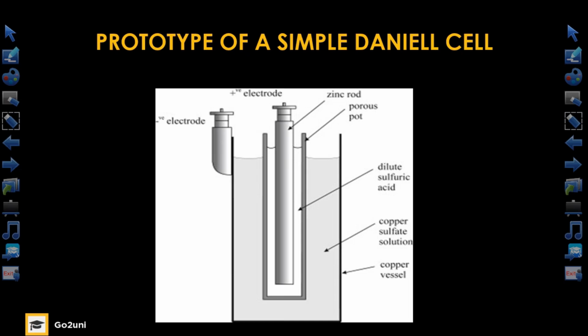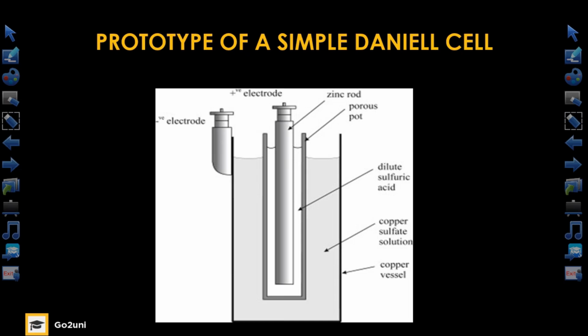The vessel here is a copper vessel, and the zinc rod is dipped in the electrolyte, which is dilute sulfuric acid or the zinc tetraoxosulfate(VI). So this is a prototype of the Daniell cell, and it works in the same way as the Leclanché cell.